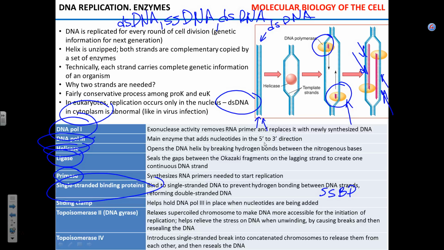It's all tangled. And you can imagine that if it all gets tangled like this, like a little wire, it would be impossible for the replication to proceed. So there's an enzyme called DNA gyrase, or topoisomerase II, which untangles the DNA.